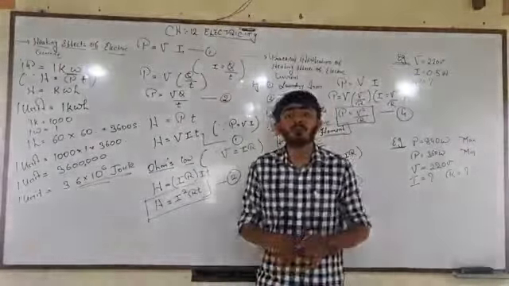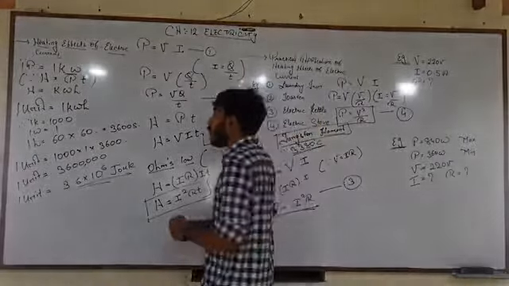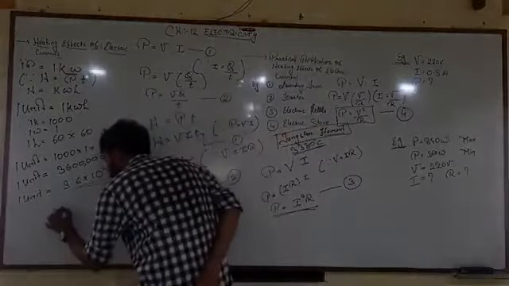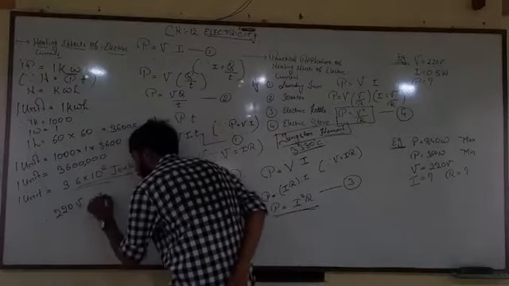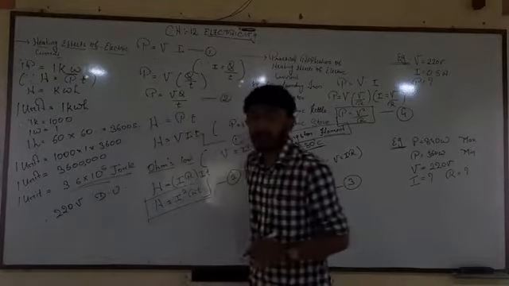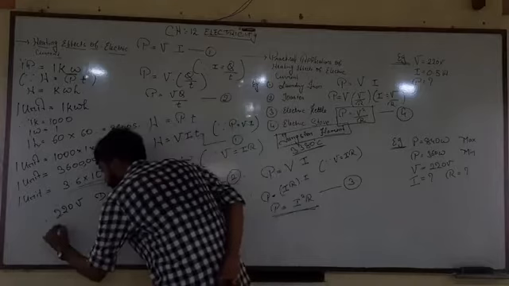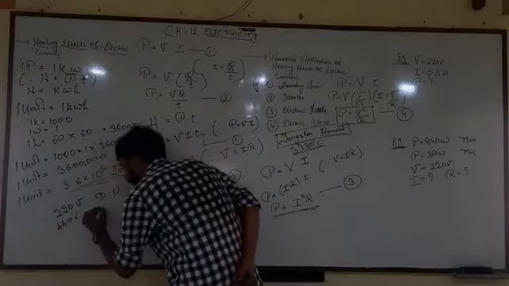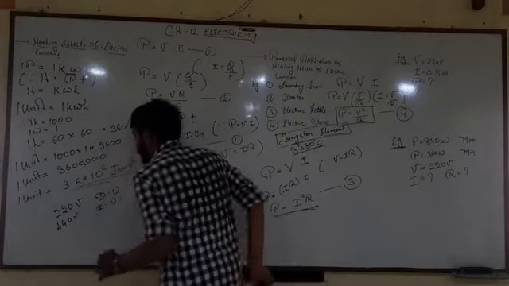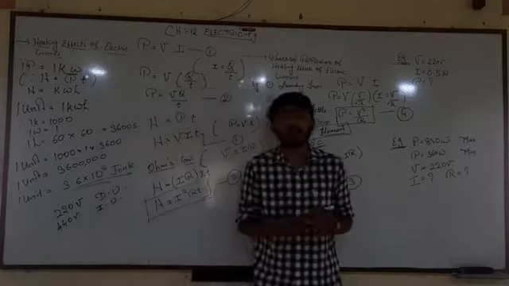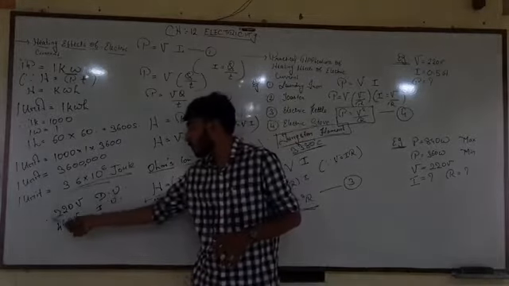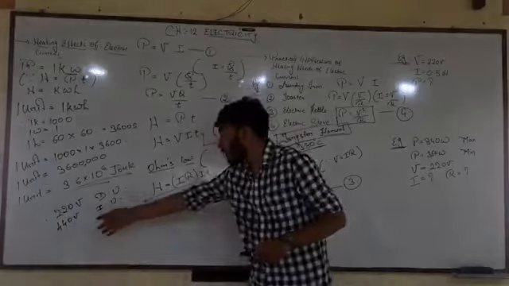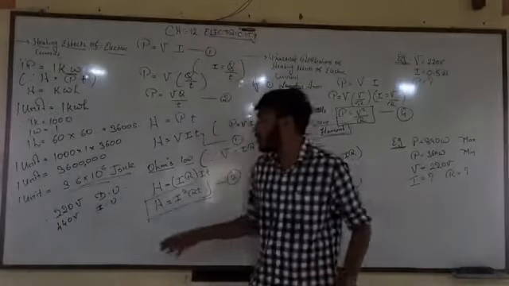It is always 220 volts for domestic use, and for industrial use it is 440 volts. Here IU stands for industrial use, DU stands for domestic use. This much electric voltage is coming to our home in day-to-day life.